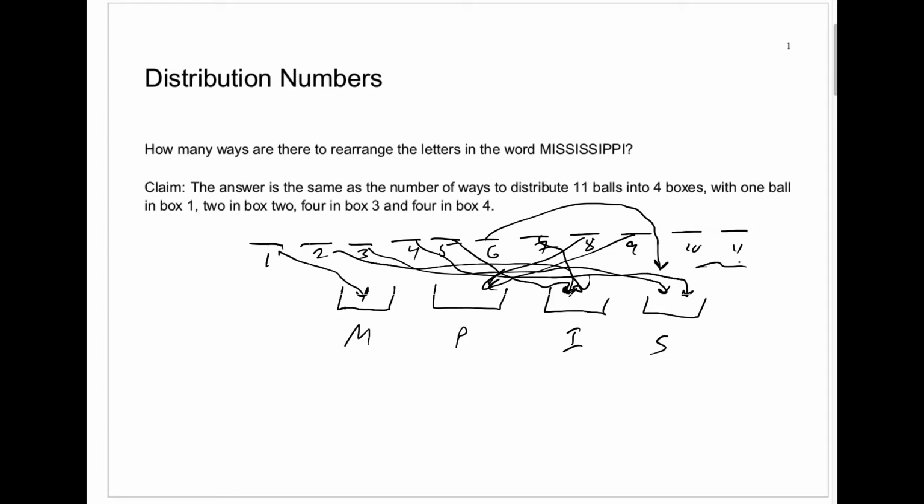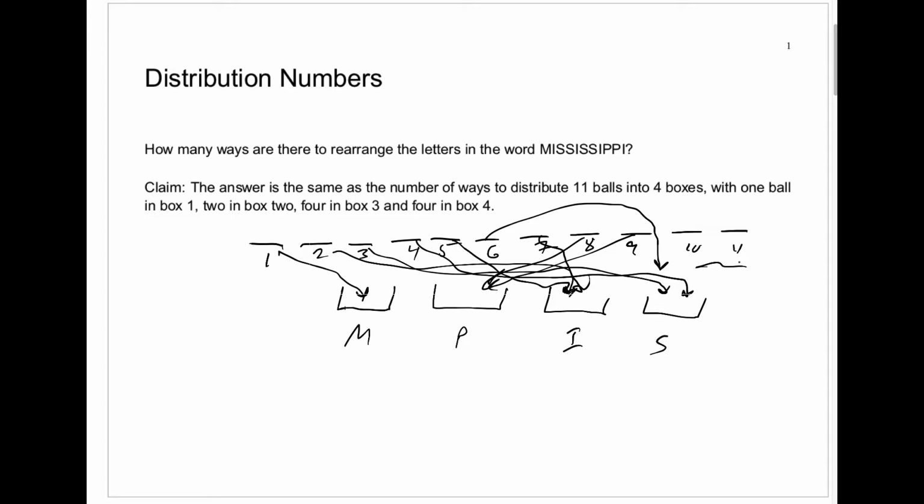Any rearrangement of Mississippi would correspond to a distribution of these 11 positions, the numbers 1 through 11, into the 4 boxes in a different way, as long as we had 1 in box M, 2 in box P, 4 in box I, and 4 in box S. That would give us a rearrangement.